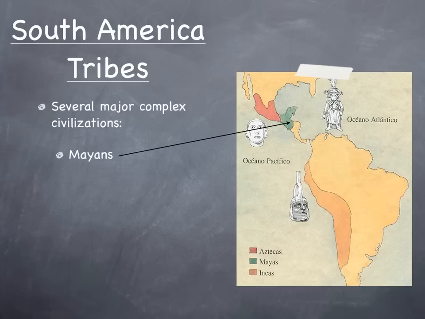The Mayans reside here in the green area, and that was as big as their culture gets. They are gone by 900 CE, but they were a very complex civilization in their heyday. They had a very complex written language, advanced agriculture, advanced calendars. They had mathematics that was as complicated as the Arabic system of math, which is the system of mathematics that we still use today.